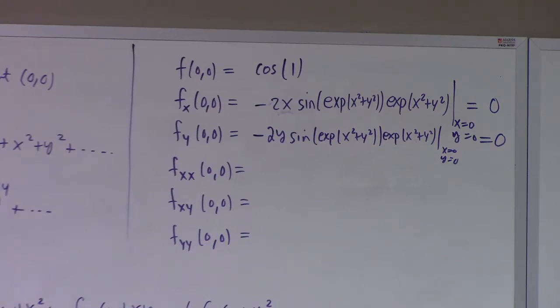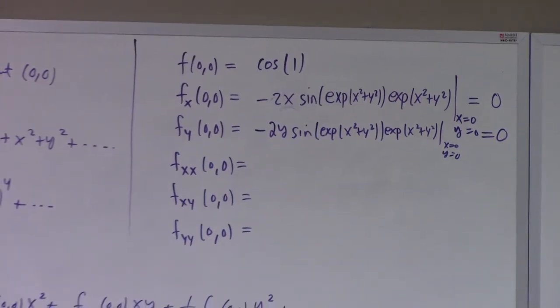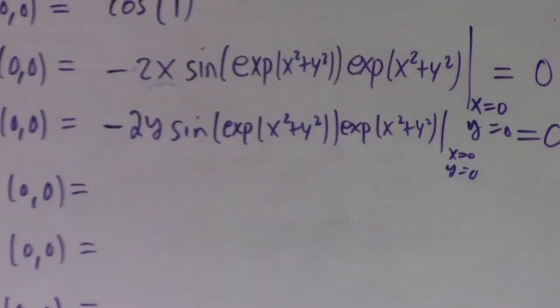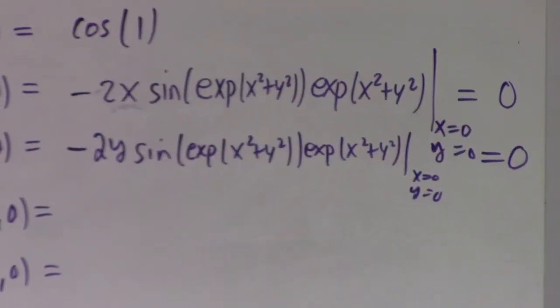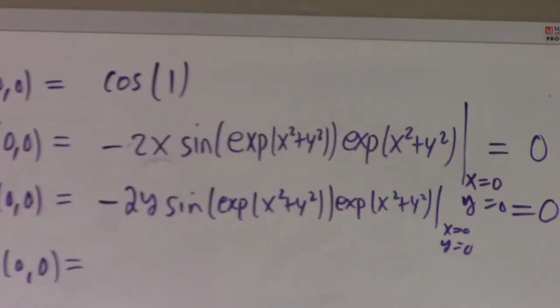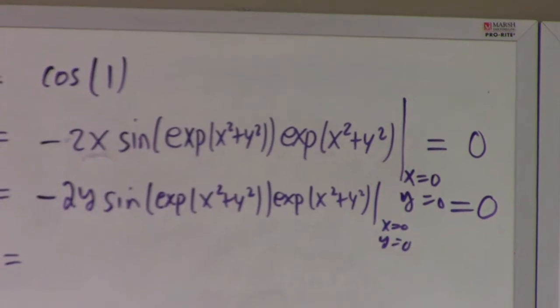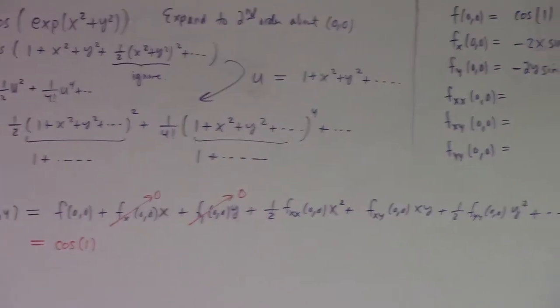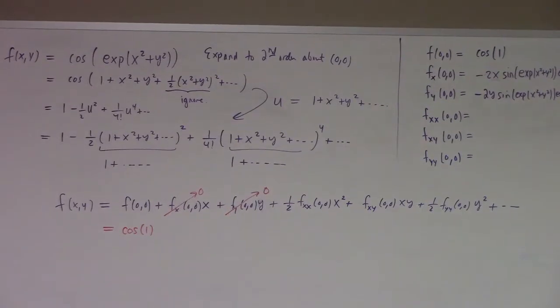I have done this much. I have figured out that for my example, which is kind of like your example, cosine of 1 is a 0th order term, and then we figured out that this is 0 and that that is 0. So to get beyond that, I actually have to calculate the second derivatives.